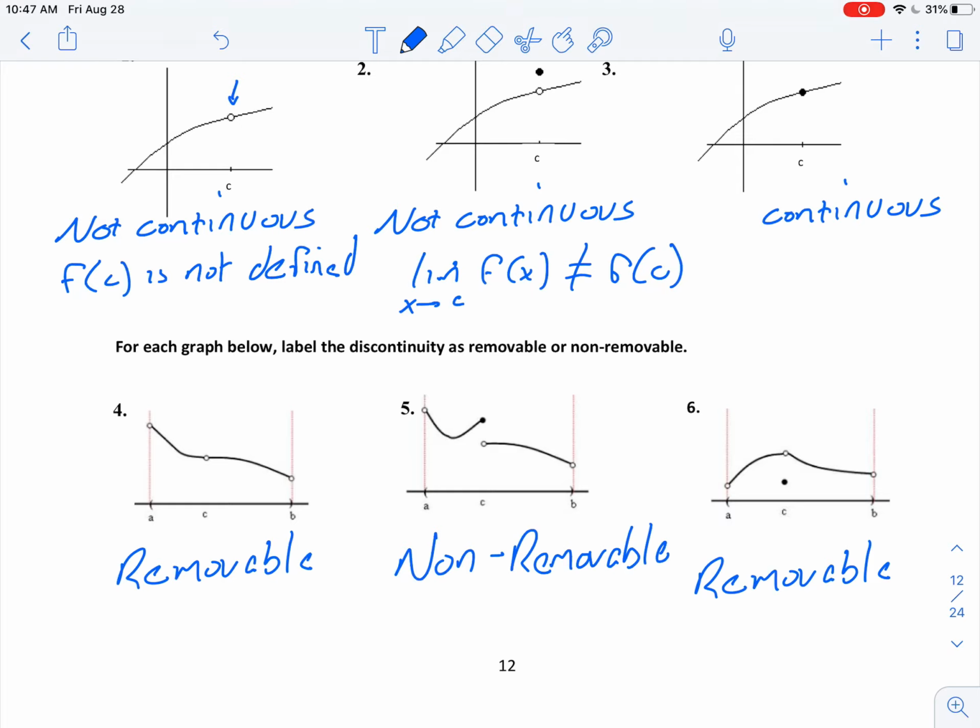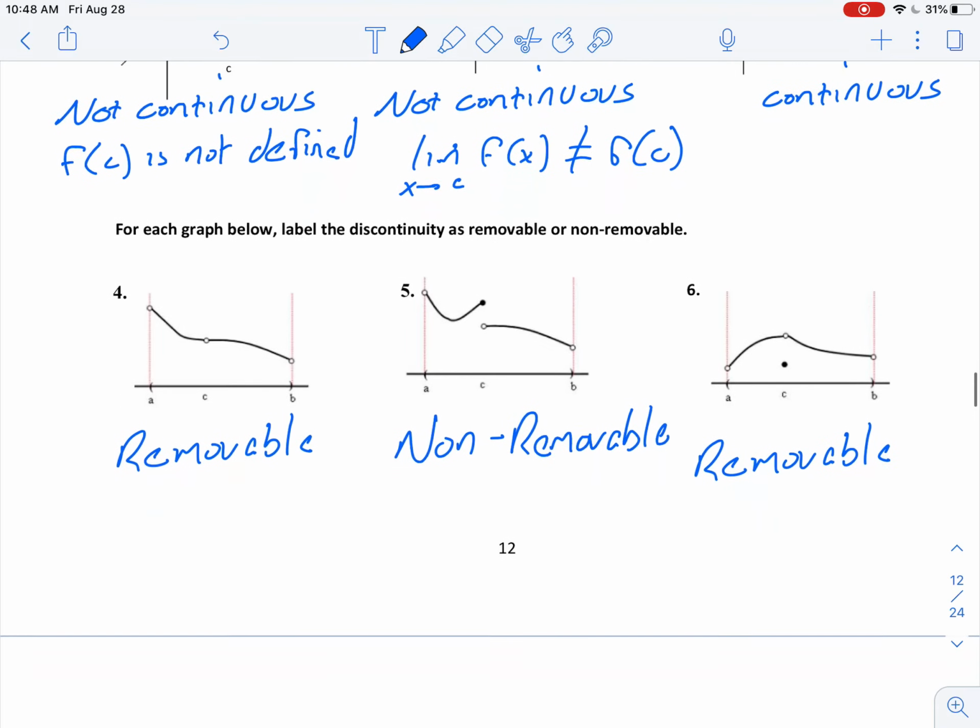So let me talk about this a little more. 4 and 6 are removable, basically because in 4 I could define a value at x equals C to be right on that graph. Or on number 6, I can redefine the value of C for it to be on the graph as well. There's basically nothing I can do to fix 5. I can't just bend part of the graph. That would just make it a completely different function.